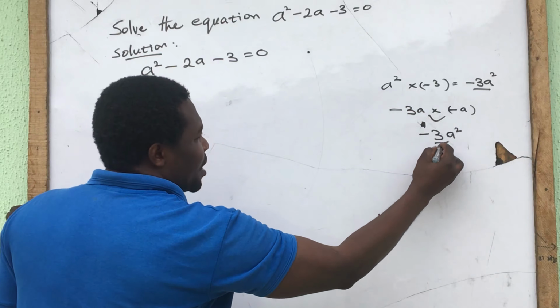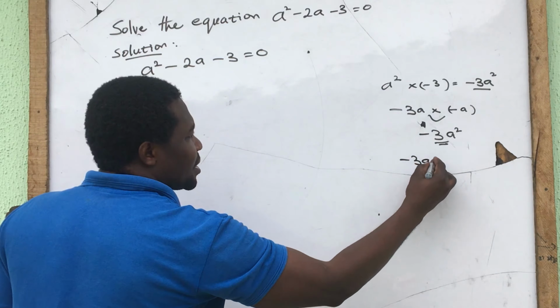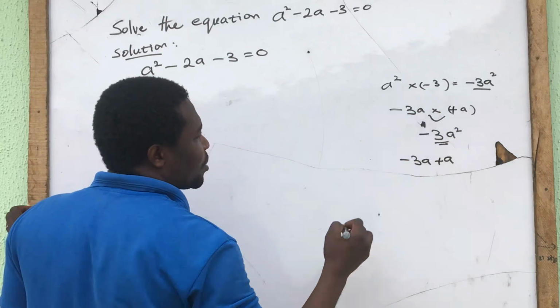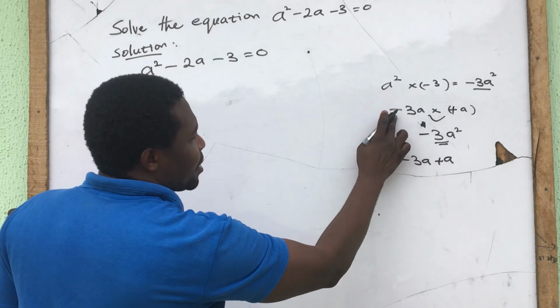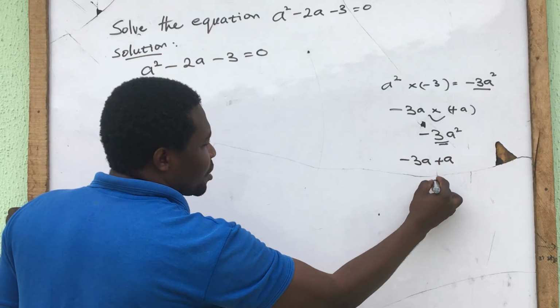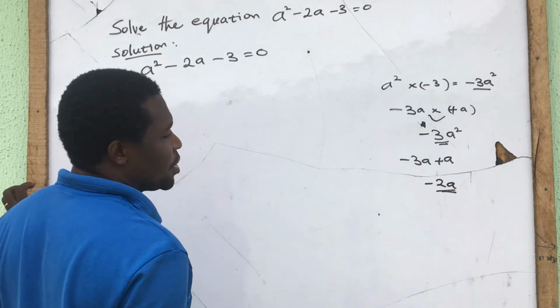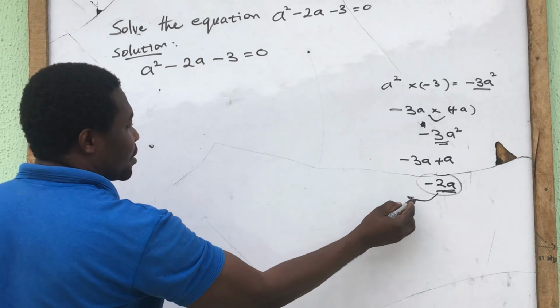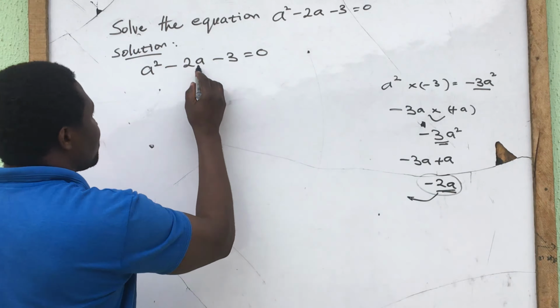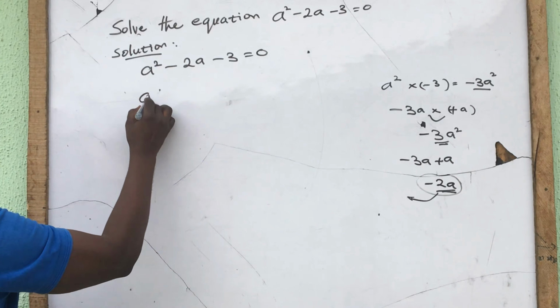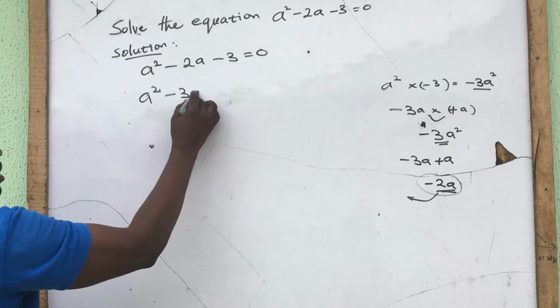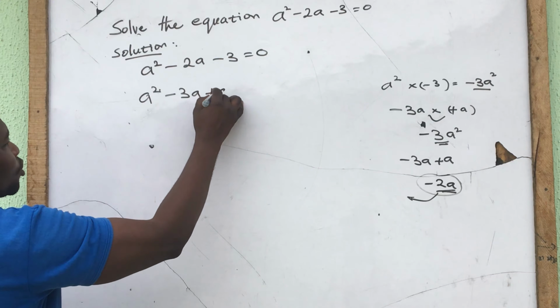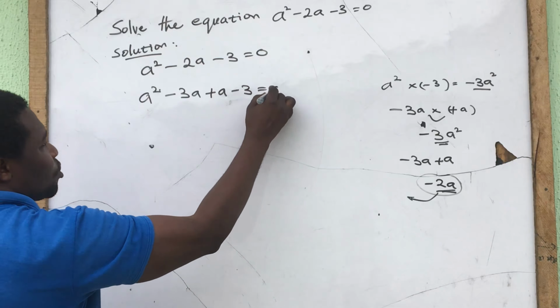And when we add them together, minus 3a plus a, minus plus gives us minus 2a. So this is the one that replaces 2a here. So the factors have different signs. Meaning a squared minus 3a plus 1a minus 3 equals 0.